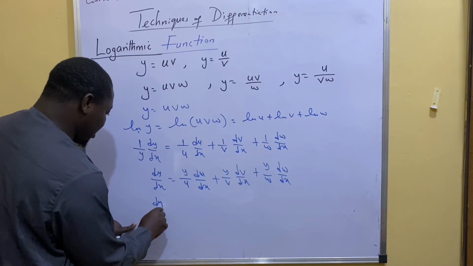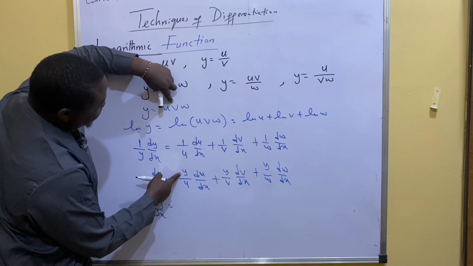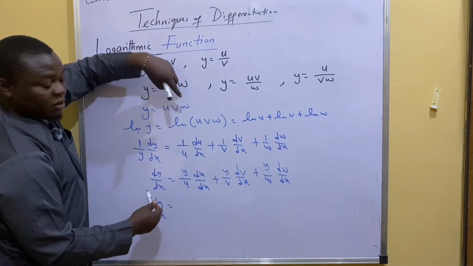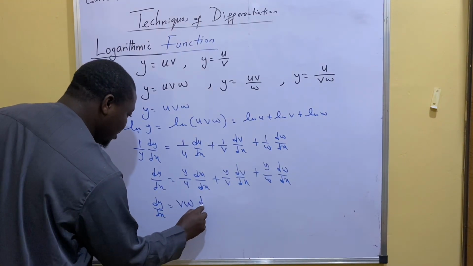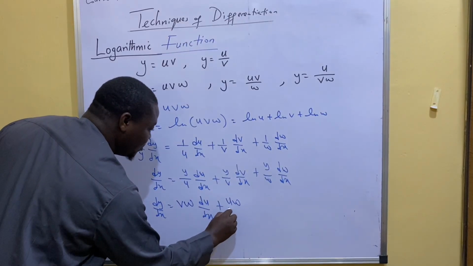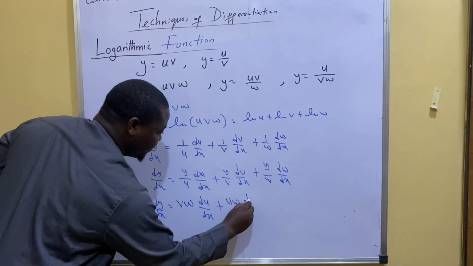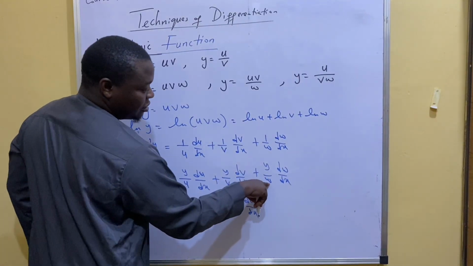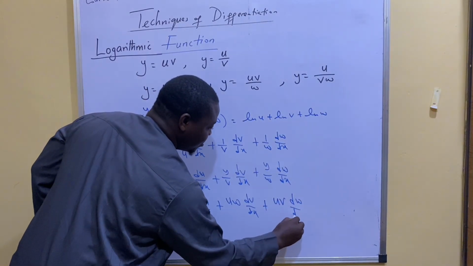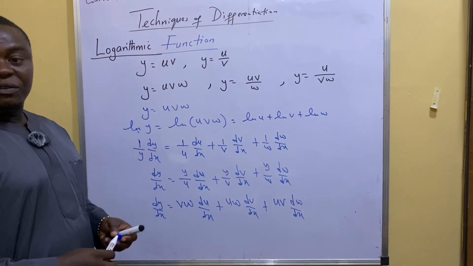If you substitute, you observe that u will cancel u, and what you will have left will be vw. So we have vw du/dx plus uw dv/dx, since v will have cancelled v, and then w will cancel w there, and you have uv dw/dx left. So this is the product rule version for the product of three functions.